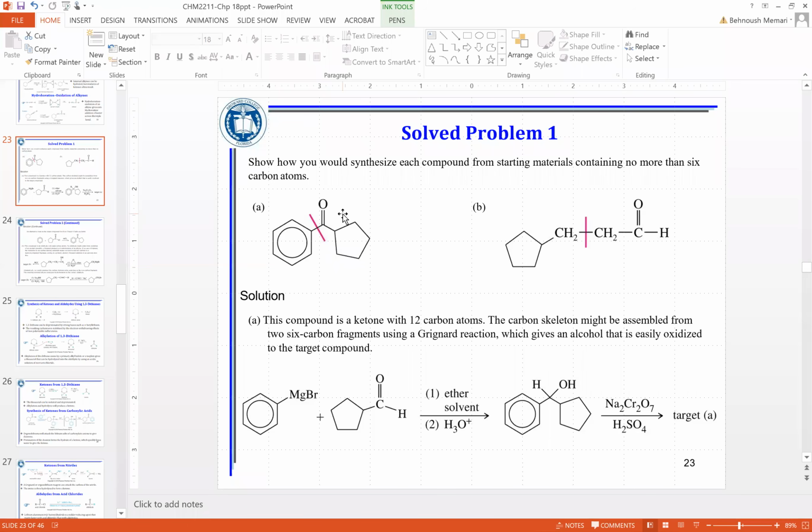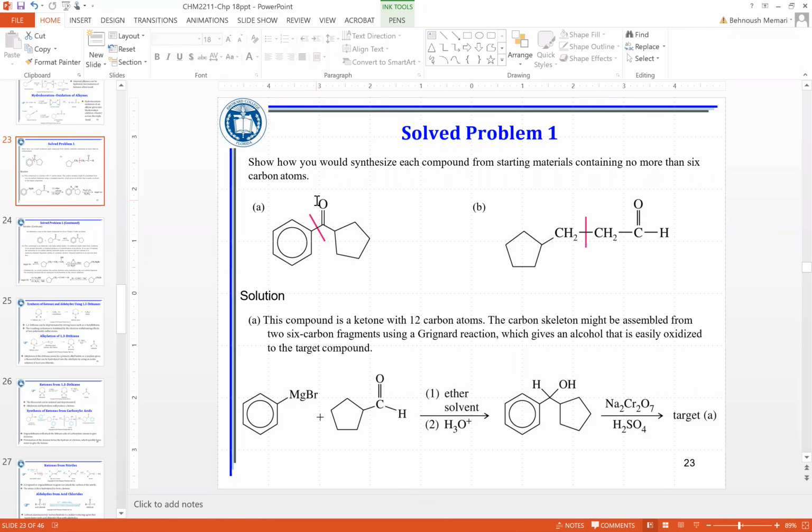This is like a retrosynthesis. What have you learned about preparing this ketone? Don't worry about this solution at this point. How can you prepare a ketone based on what you learned so far? And which method can be used to prepare this ketone? I wait for your response before I move on.